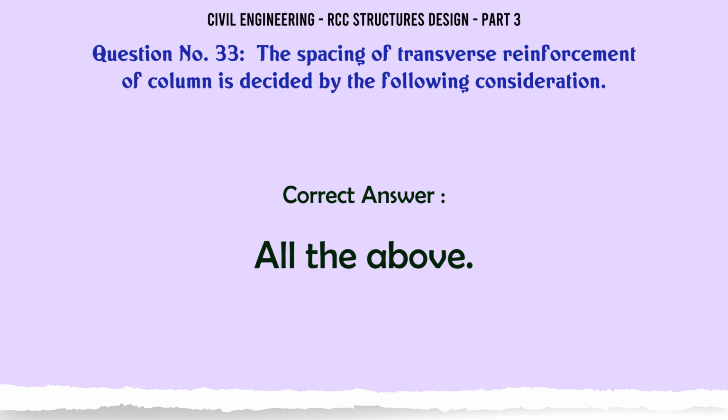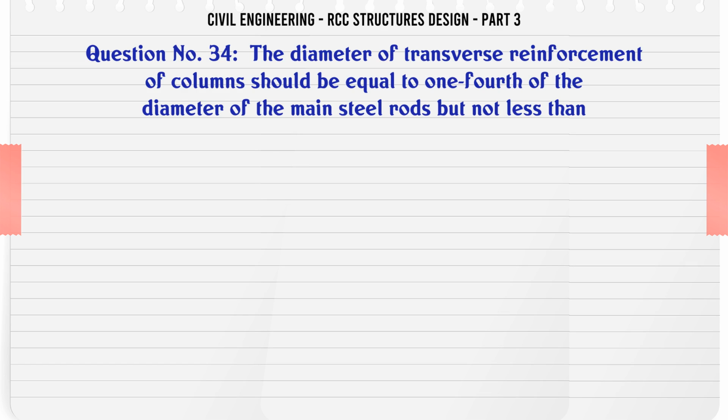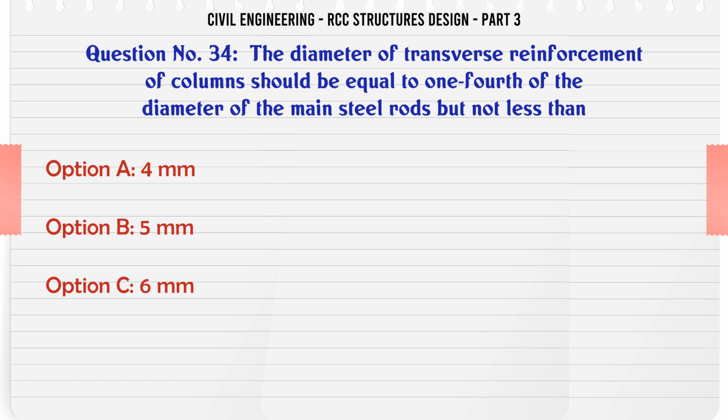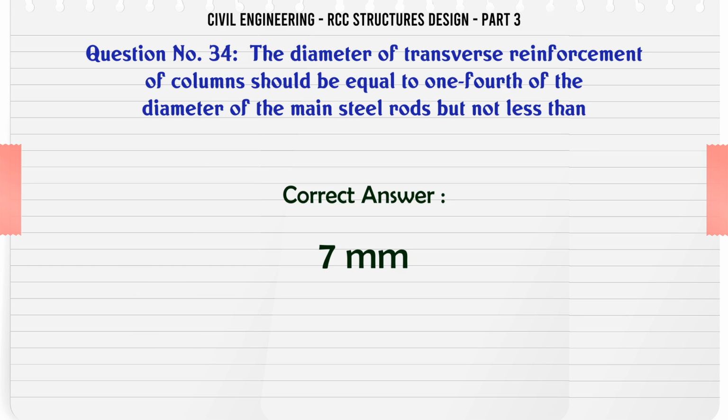The correct answer is all the above. The diameter of transverse reinforcement of columns should be equal to 1/4 of the diameter of the main steel rods but not less than A. 4 mm, B. 5 mm, C. 6 mm, D. 7 mm. The correct answer is 7 mm.